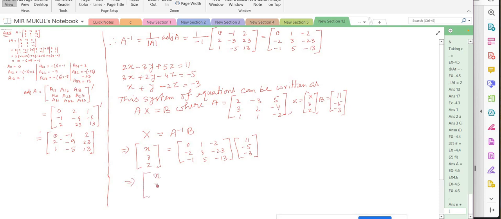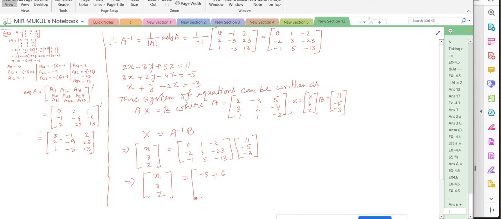So x y z. Now if we multiply first row and first column, then 0 minus 5 and plus 6.